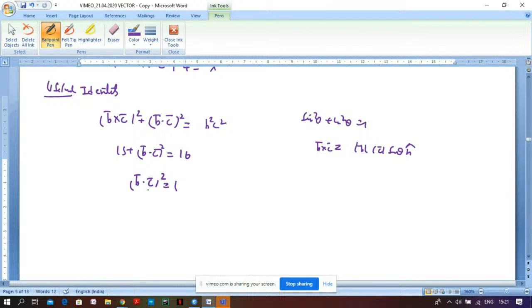If that is the case, then you are getting modulus of b dot c, or simply we can write that b dot c equal to 1.